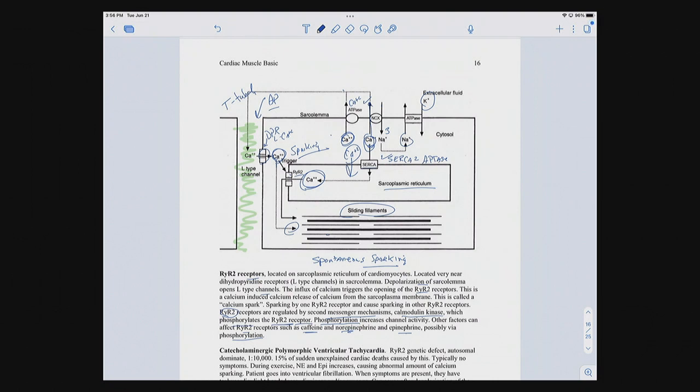Okay, so that's kind of a nice scheme diagram, oversimplified for sure, but just gives you a general sense of the movement of the ions and how you regulate those and how you get the calcium into the sliding filaments to get them to do what they do. And then how do you reset, return the ions where they need to be so that you can go through the next cycle.